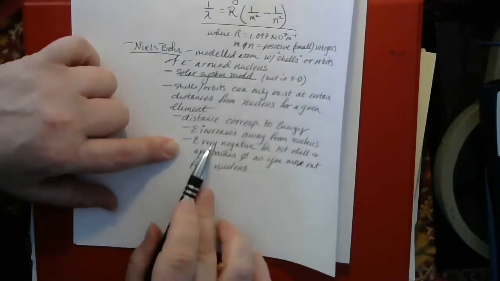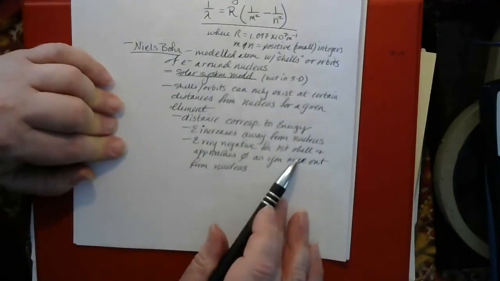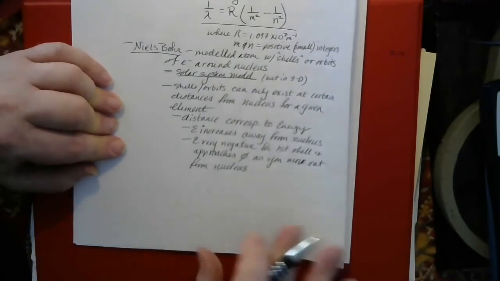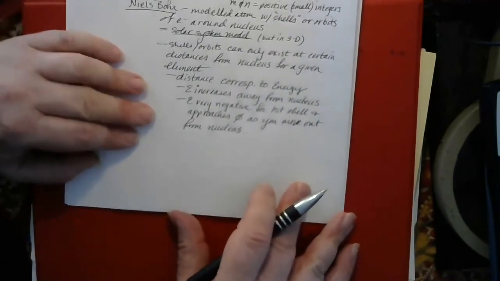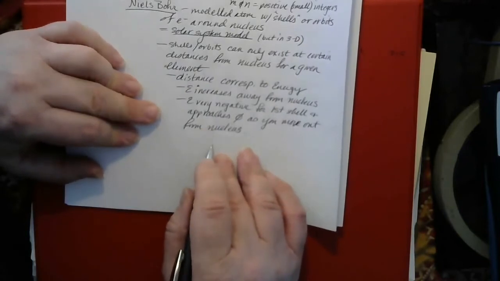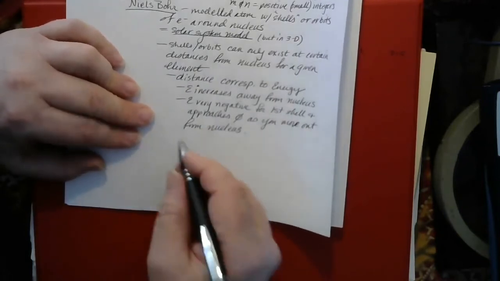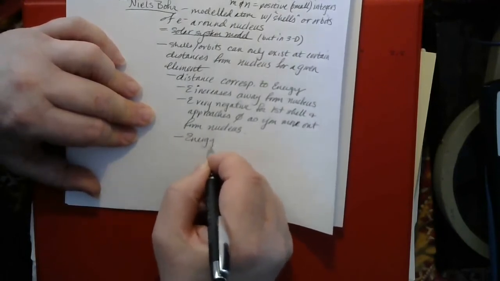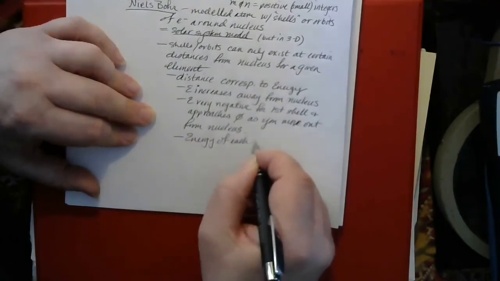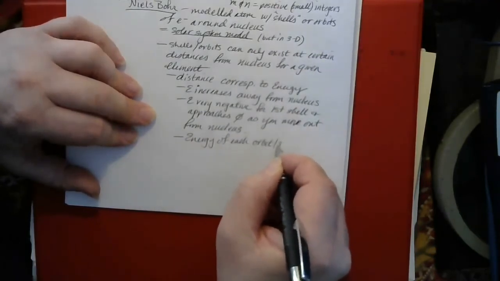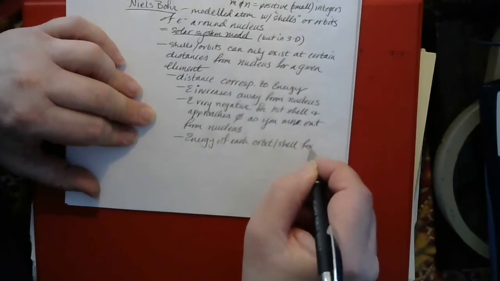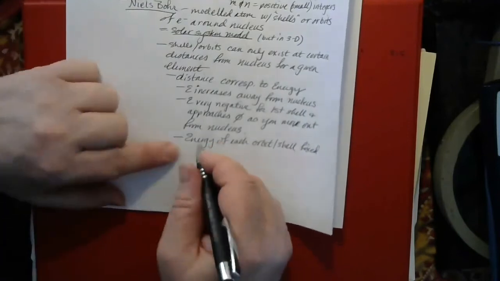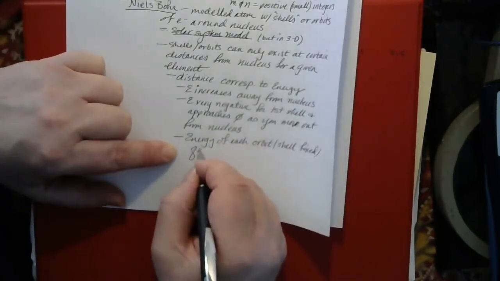Okay, so that's what I just said. The energy is very negative for the first shell, and it gets less negative and approaches zero as you move further and further out from the nucleus. The energy of each orbit or shell is fixed for any given element, or in other words, quantized.